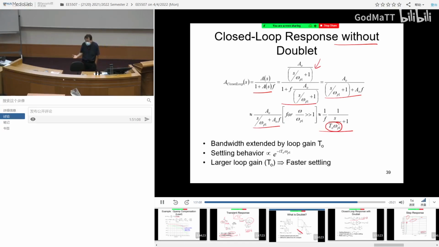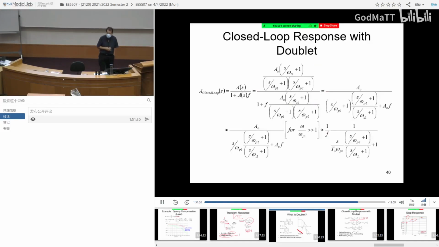You already know this, right? That is without a doublet, everything cancels perfectly. We get what we want. We widen the bandwidth by the T0 factor. That is desirable, and you will get the settling behavior also improved by the T0 factor. Everything is good.